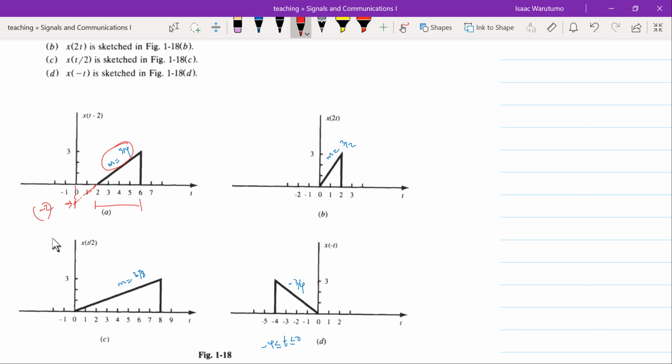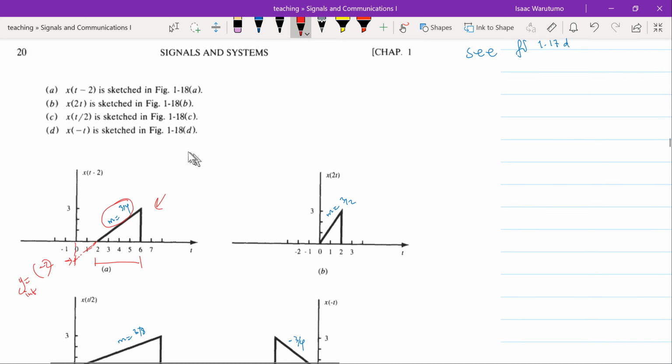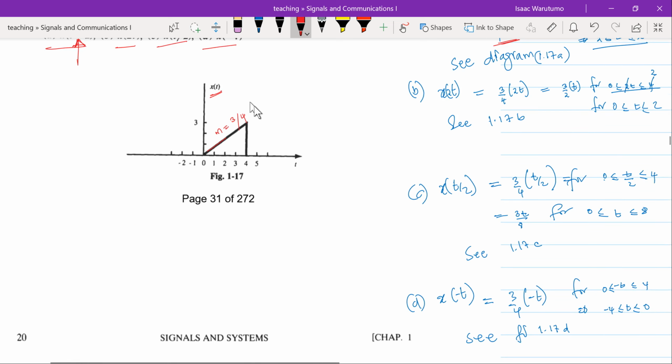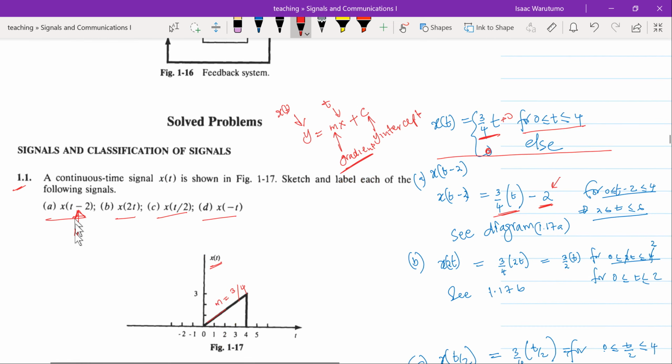And therefore, we have seen that this is our y-intercept. That is how ideally you would represent the shifted version for part a. Okay, that is the first question that we have been given.